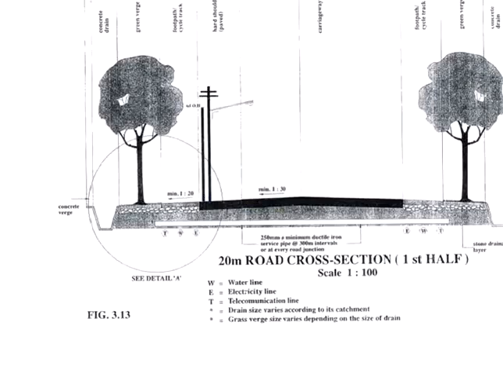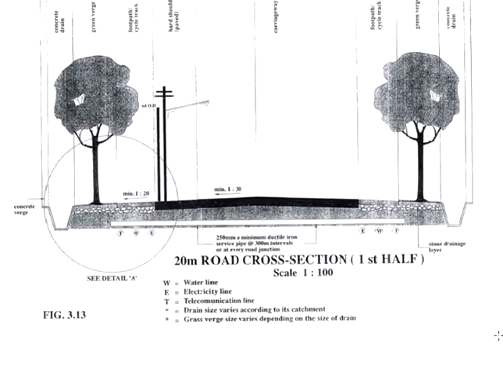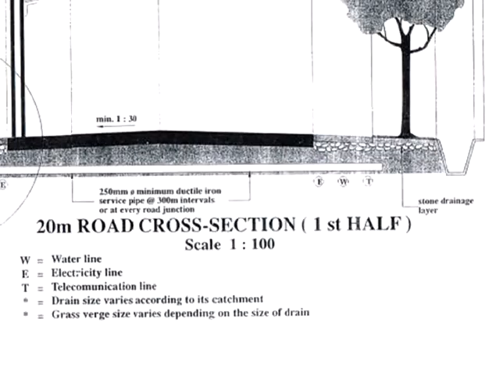Now, if you observe the standards, it is specified that you will need to have pipes pre-embedded underneath the pavement with the minimum size indicated, which in this case is 250 diameter minimum ductile iron service pipe to be embedded underneath the road.